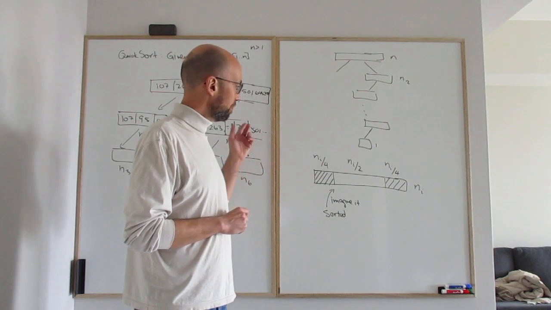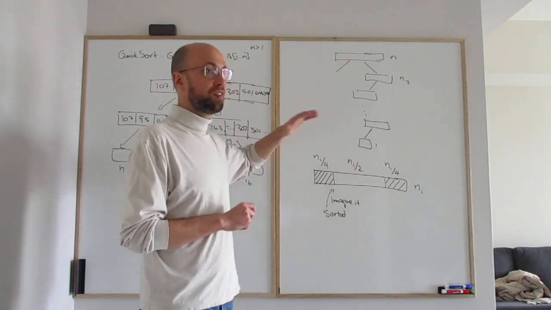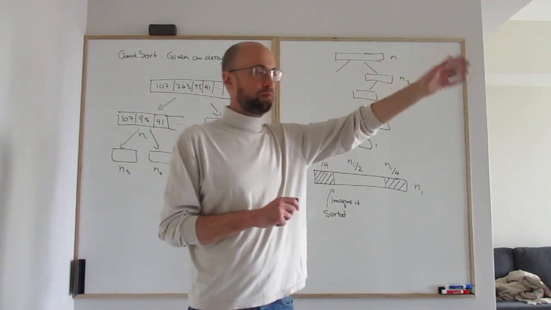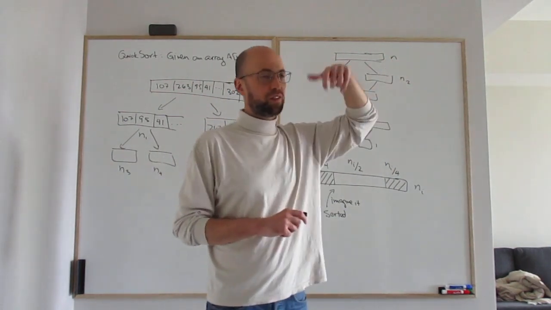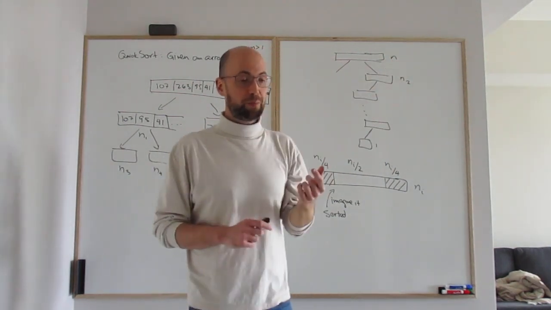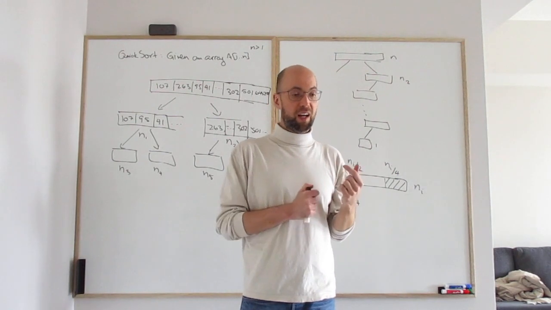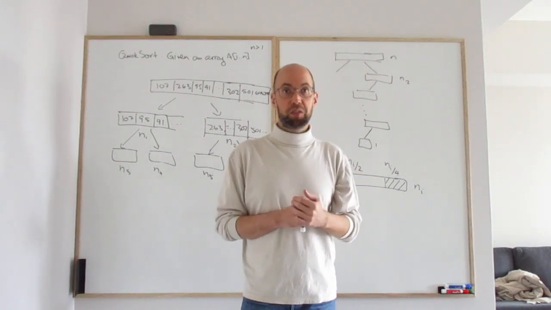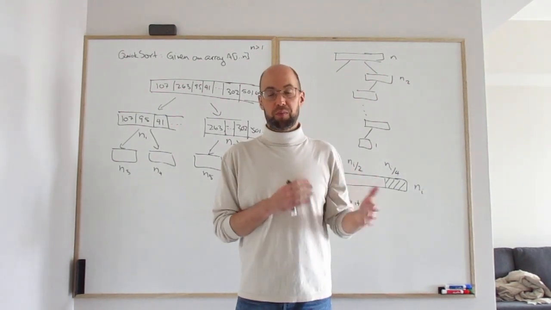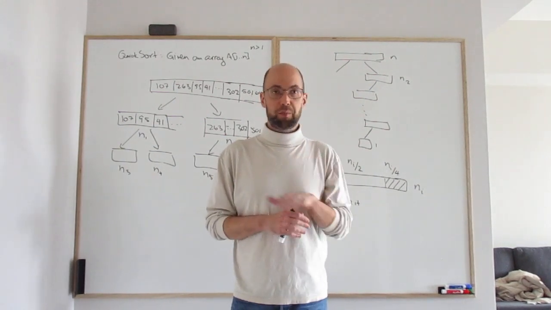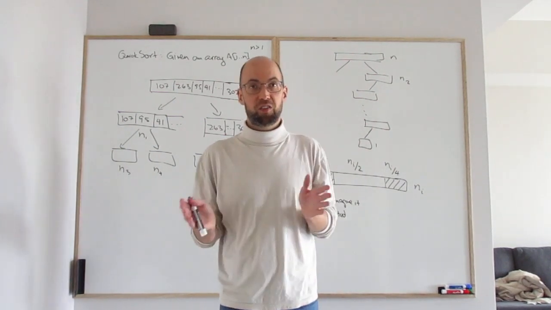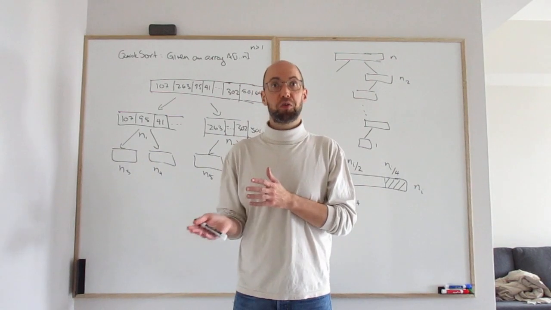So this means if I pseudo-randomly select a pivot, and it happens to be one of the n_i/4 smallest elements, then I'm unhappy, right? Because I'm going to split, and my split is going to be very skewed.